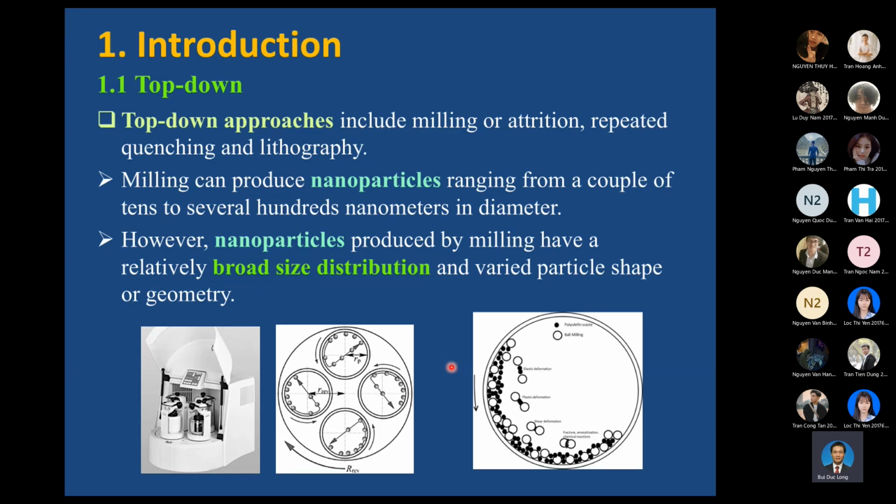This is the top-down method. We use high energy ball milling to fabricate nanoscale material, in this case nanoparticles. High energy ball milling can produce nanoparticles from a couple of tens to several hundreds of nanometers in diameter.